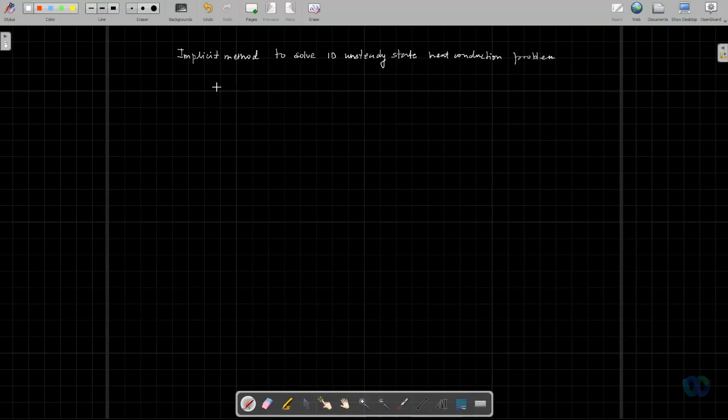In that case, we came to know that the set of equations forms a tridiagonal matrix.